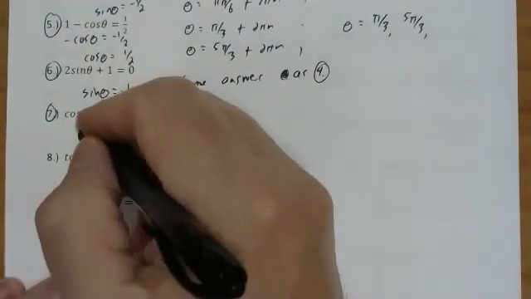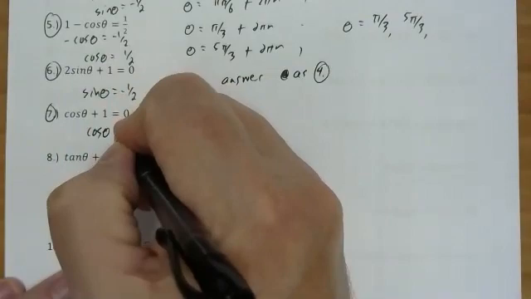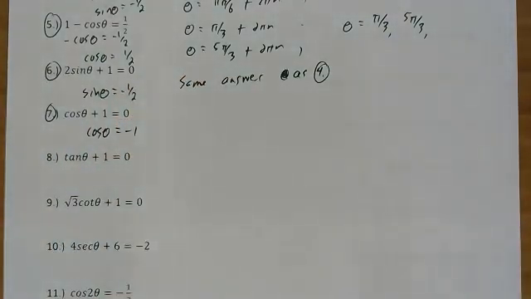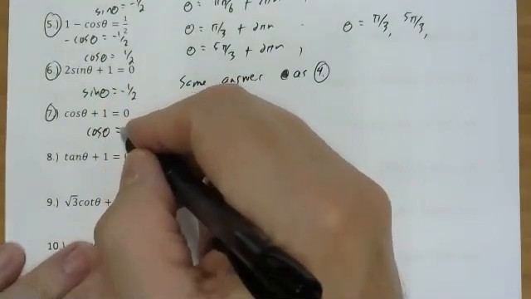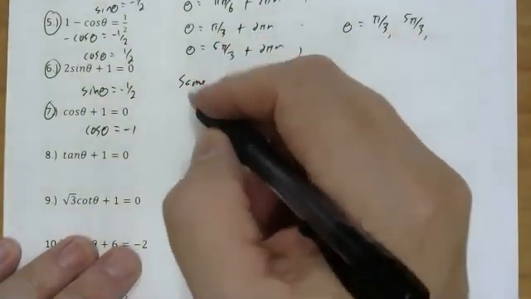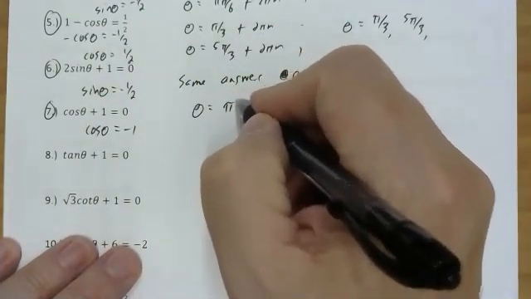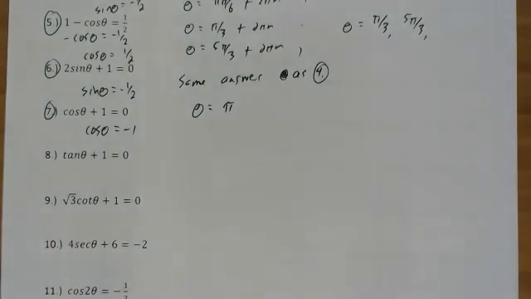But number 7, subtract 1 from both sides. So the general solution for what angle is the cosine -1 happens at pi. That's the only time around the unit circle that the cosine equals -1.